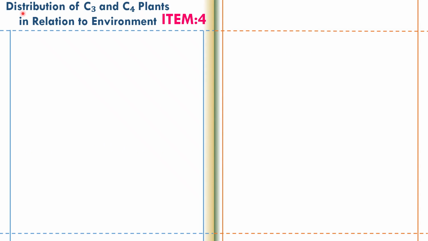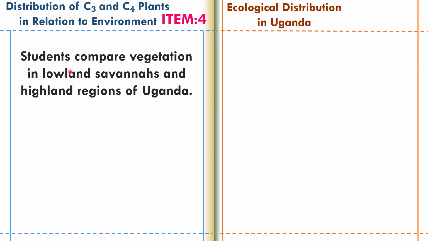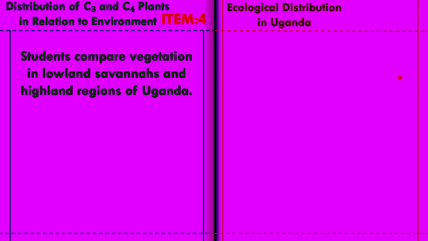We are still under distribution of C3 and C4 plants in relation to the environment. Item 4. We are going to look at ecological distribution in Uganda. Students compare vegetation in lowland savannas and highland regions of Uganda.